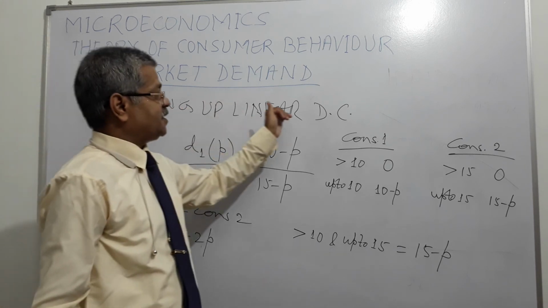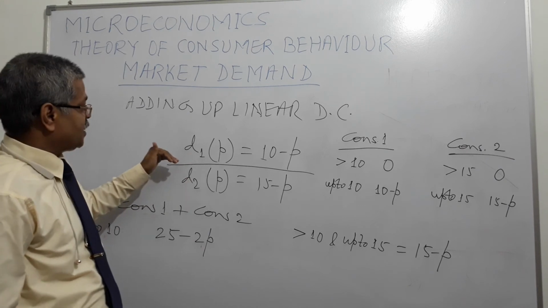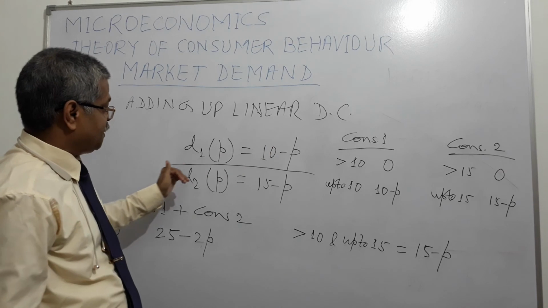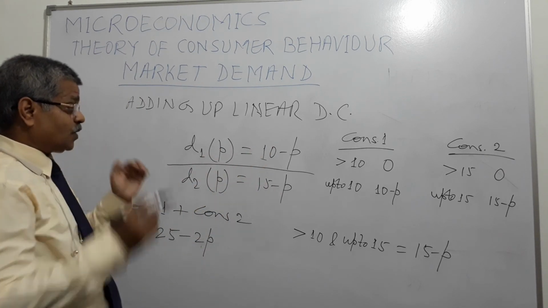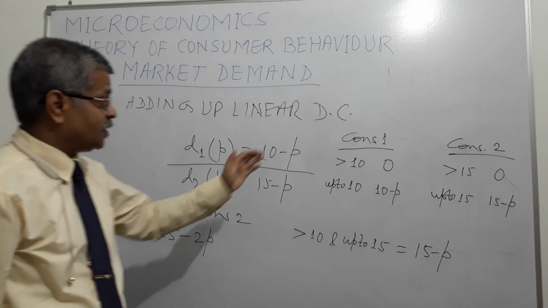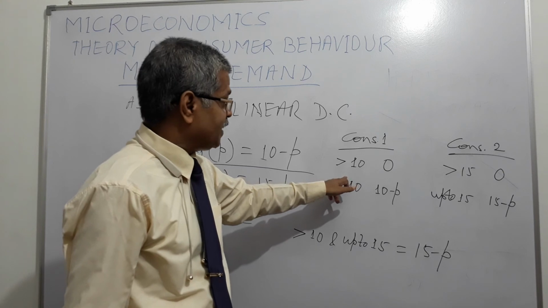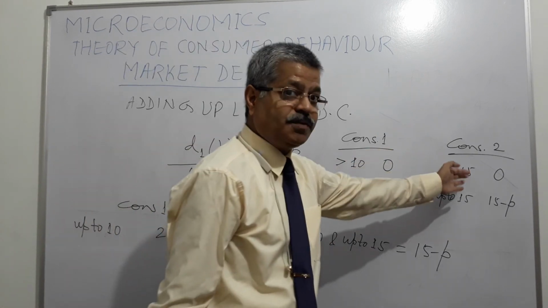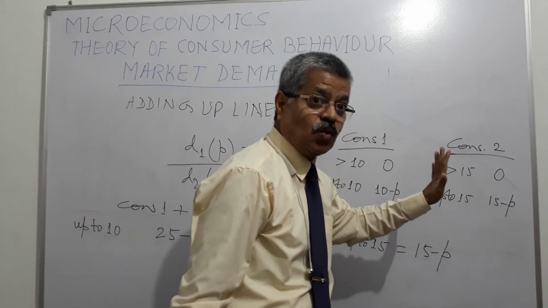Adding up linear demand curves. These are the two demand curves: D1(P) equals 10 minus P, and D2(P) equals 15 minus P. So what are the scenarios? If the price is more than 10, consumer 1 says I want 0. If the price is more than 15, consumer 2 says I want 0.